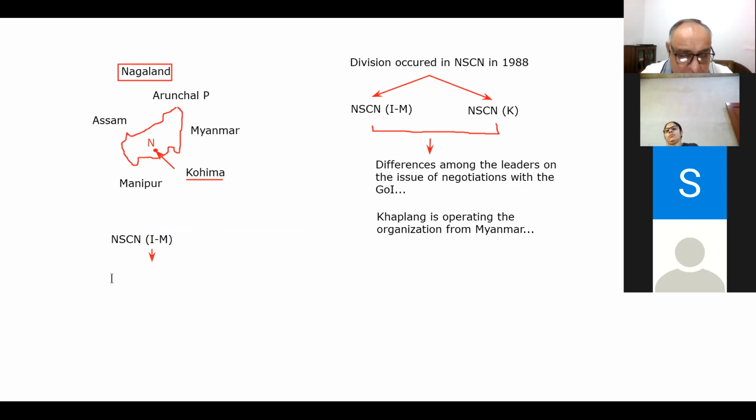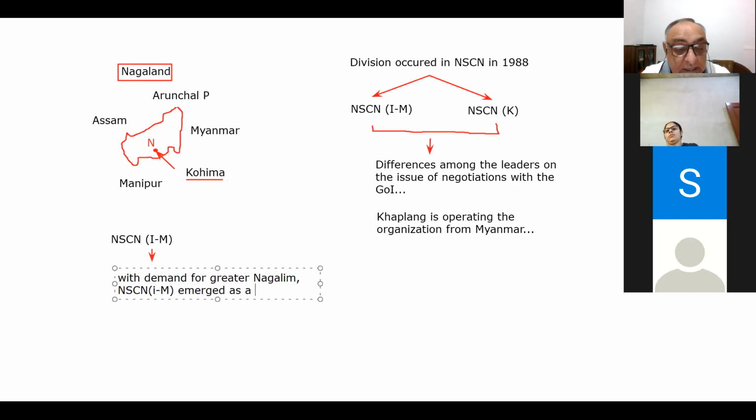NSCN-IM emerged as the largest insurgent group and outfit in Nagaland. ये एक सबसे बड़ा ग्रुप बन के इमर्ज हुआ, right?